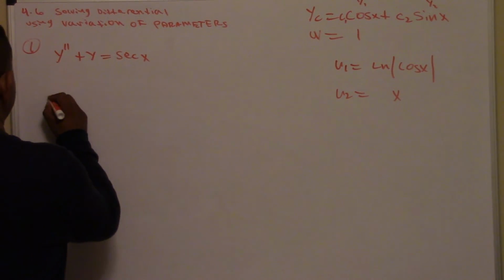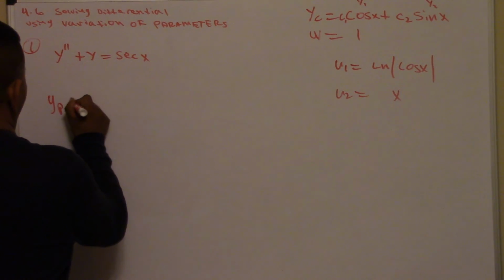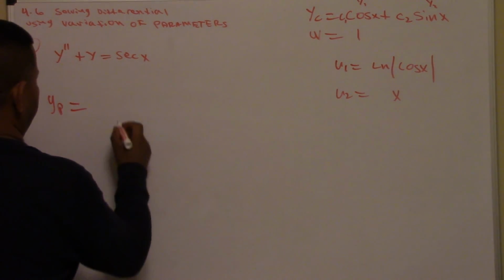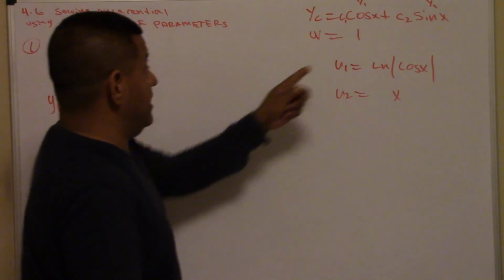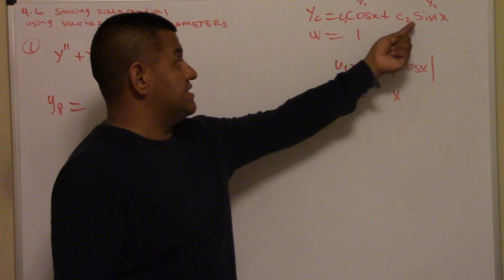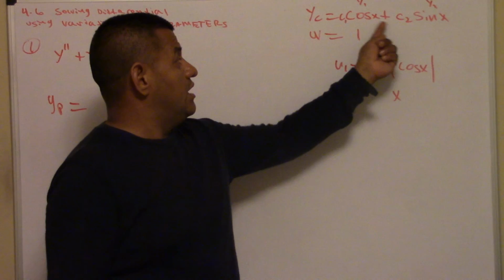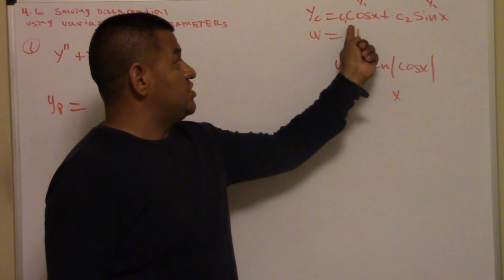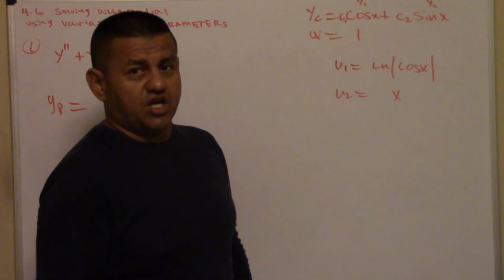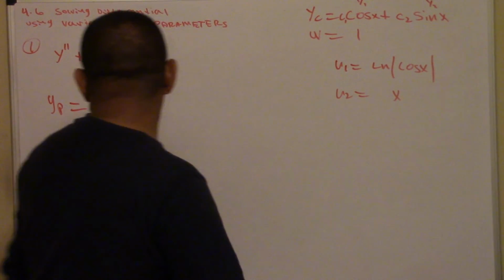So Yp is equal to, notice that I am only dealing with the cosine and sine now, and I cannot bother writing C1 and C2 because C1 and C2 is only part of the complementary solution, right?